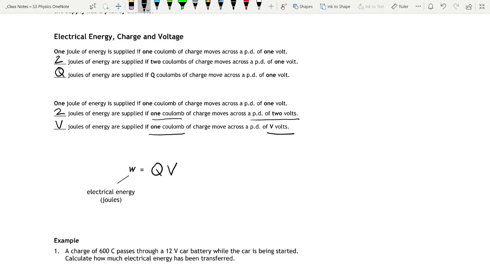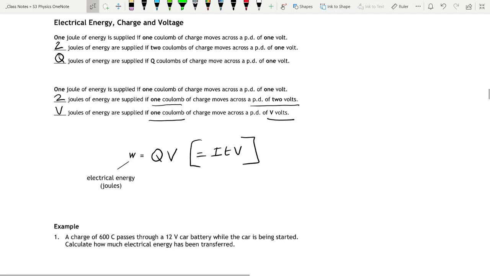You could also write that, I'll put that in brackets, as charge is I times T, so you could replace the charge and have I T V. So that is charge in coulombs, and that's voltage or potential difference. Remember, it's the same, 2 different words for the same thing, volts.